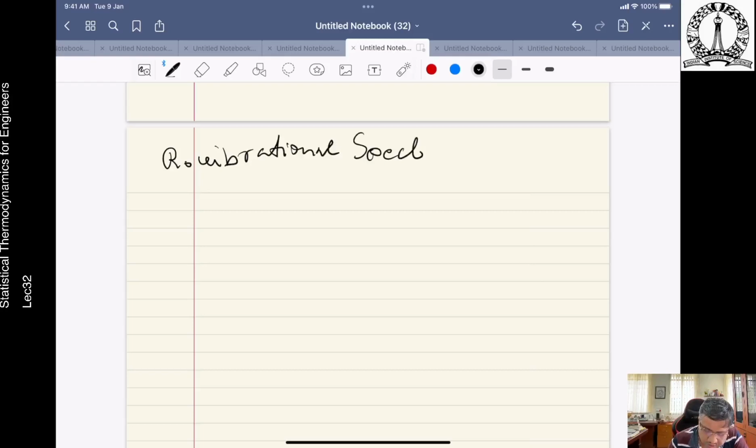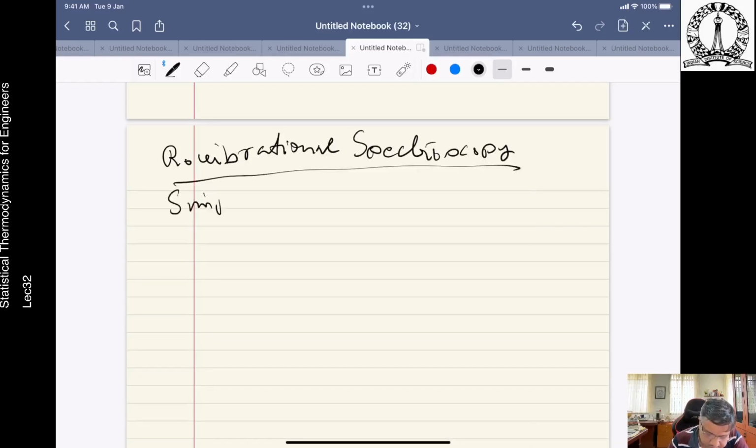Ro-vibrational spectroscopy is also called the simplex model. In the simplex model, the vibrational and the rotational energies must be additive.